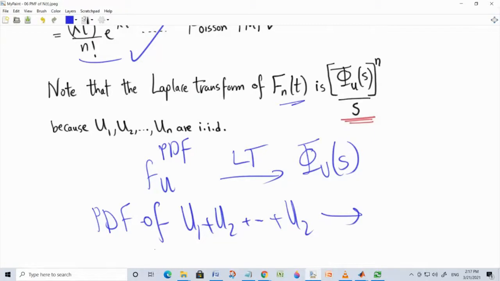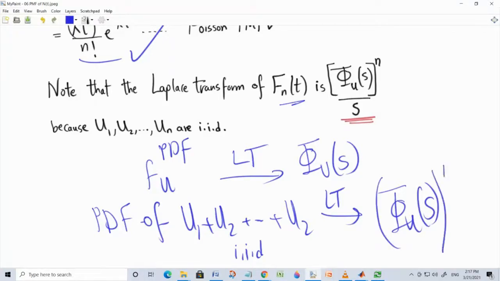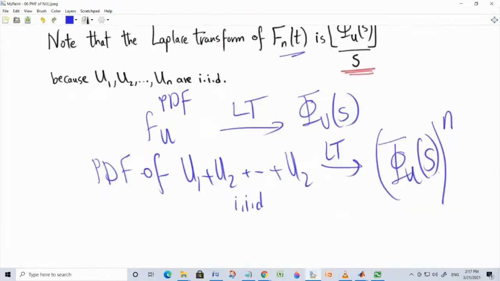Okay, so what is the Laplace transform of a sum? The Laplace transform of a sum, this is the nice thing, you just multiply the Laplace transforms, and because those guys are IID, you just need to take the Laplace transform of one of them and raise it to the power n. And finally, the CDF, which is the integral of the PDF, from the theory of the Laplace transform.